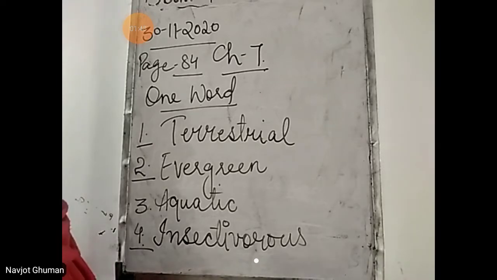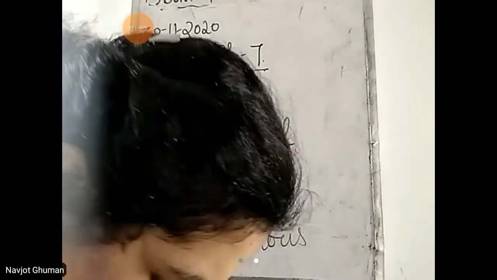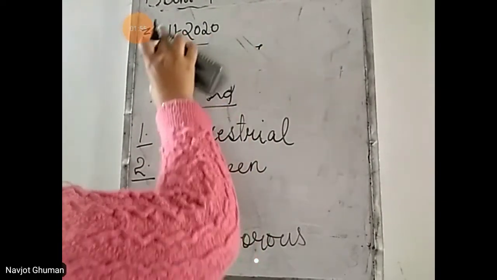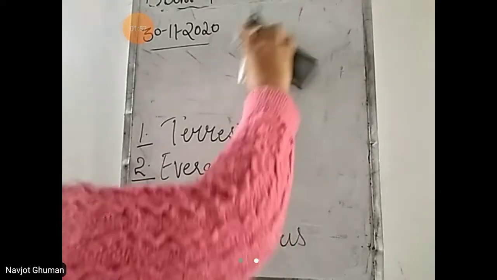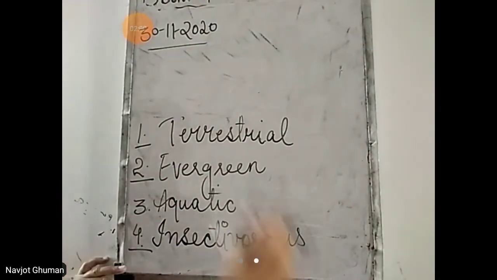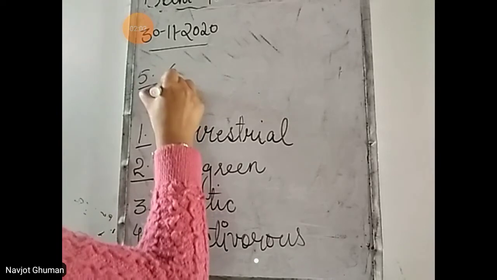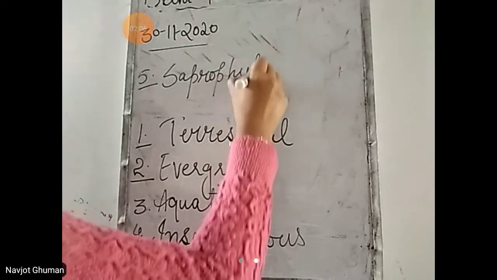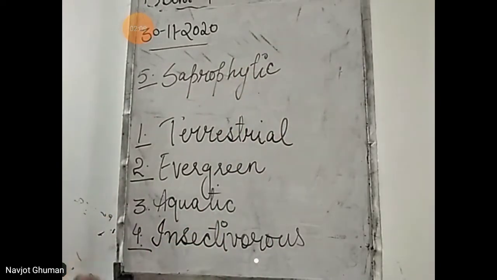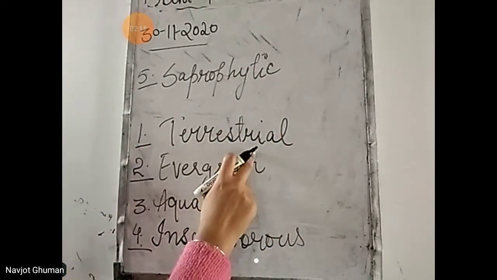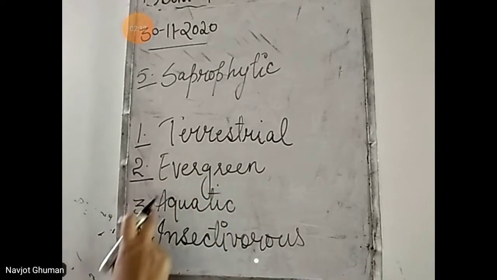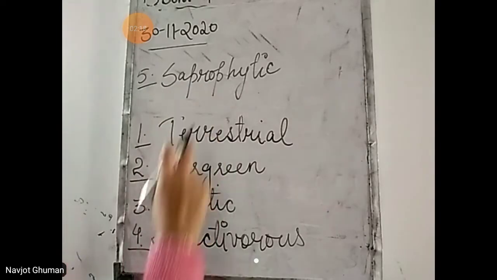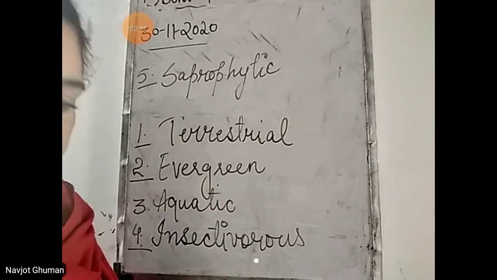Those are the saprophytic plants. First terrestrial, second evergreen, third aquatic, fourth insectivorous, and fifth is saprophytic plants.